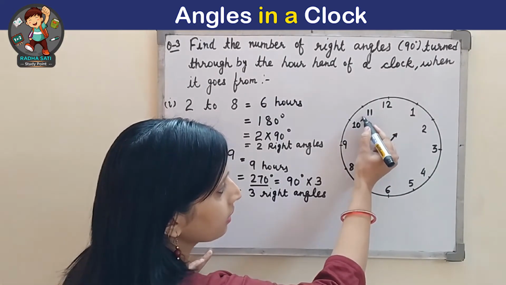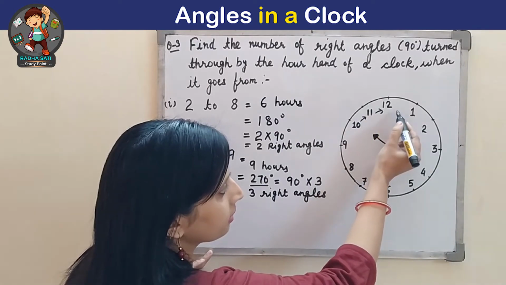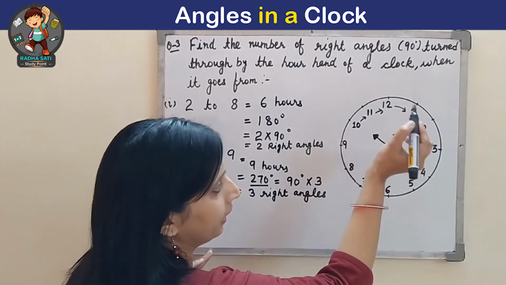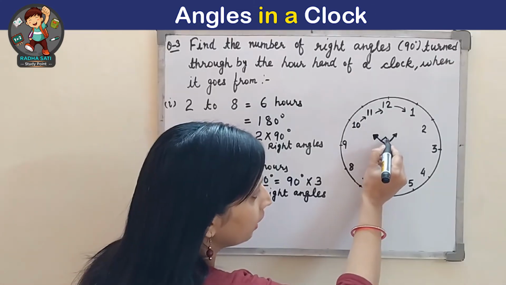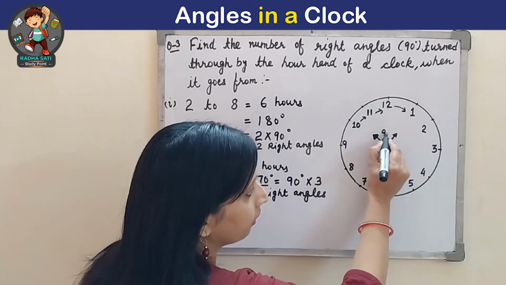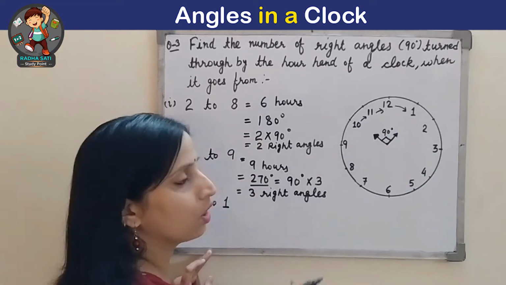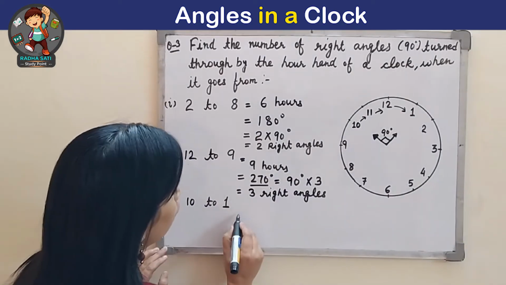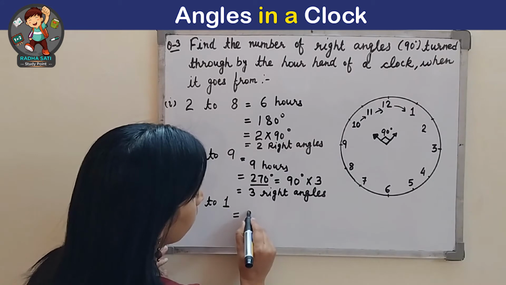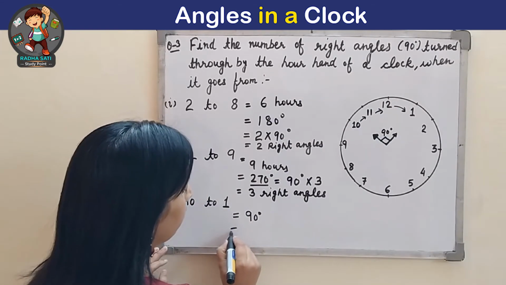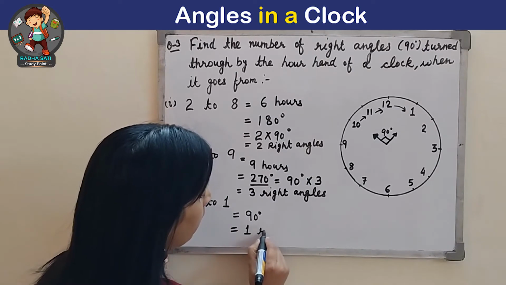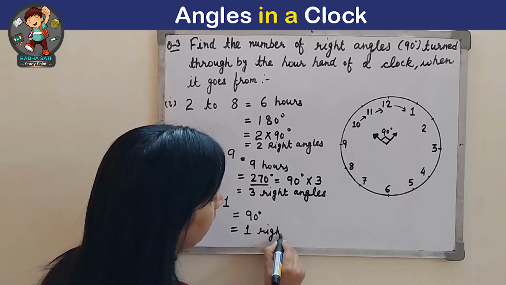And in 3 hours, 30, 60 and 90. So in 3 hours, it will cover only one right angle, or it will make an angle of 90 degree. So from 10 to 1, the angle formed will be 90 degree, which is equal to one right angle.